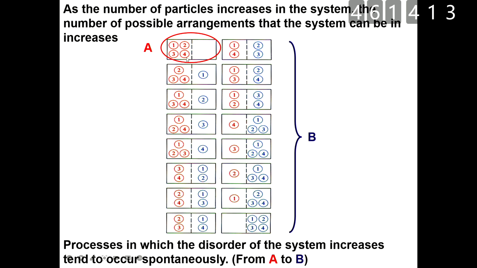Like from A to B. From A, if it's closed, there is just one state. But if we open the valve, it can have 16 arrangements, and its disorder increases. So from A to B is spontaneous.